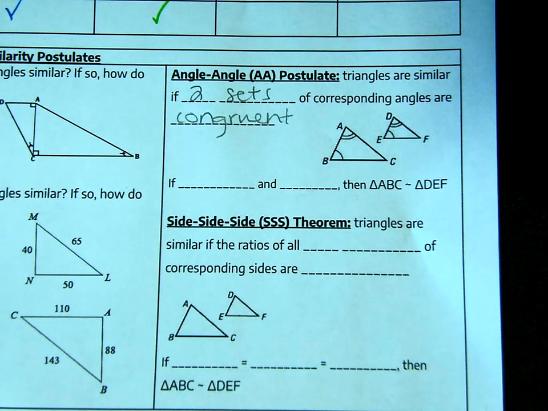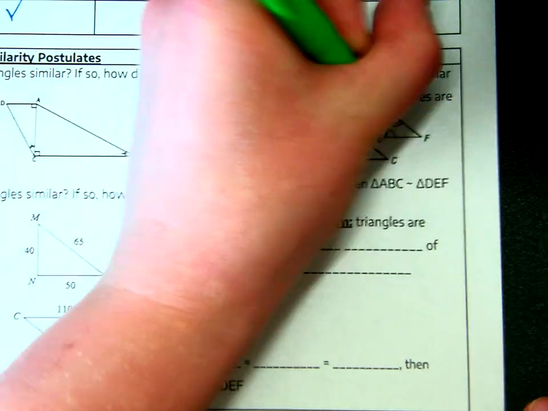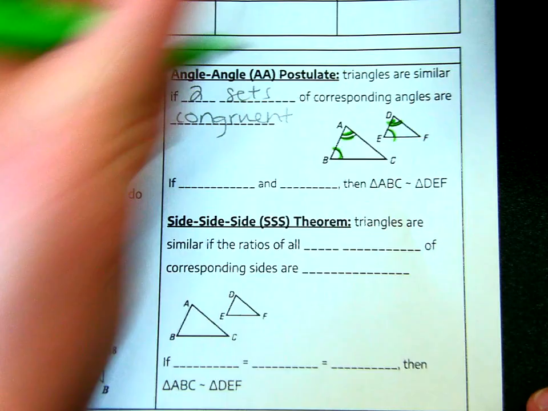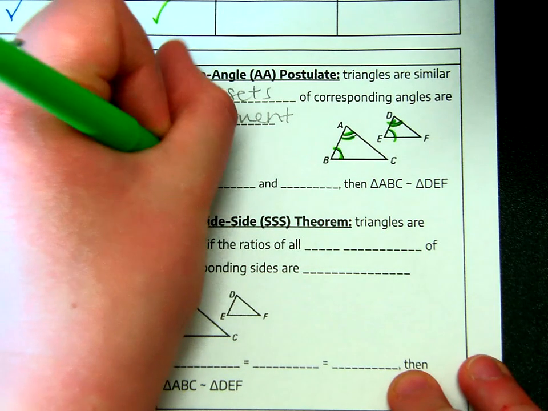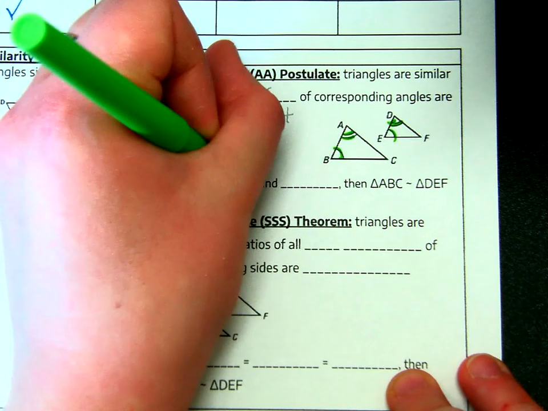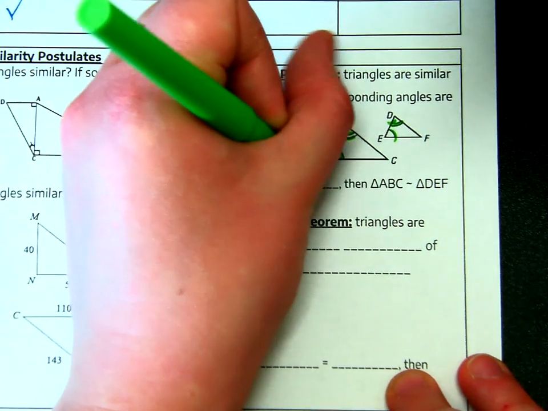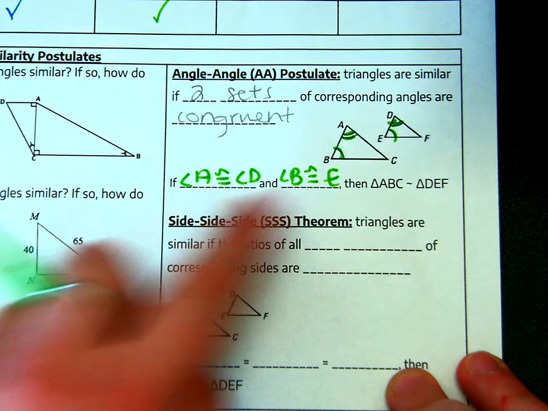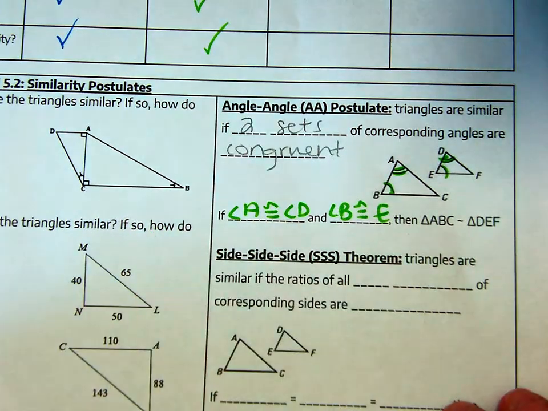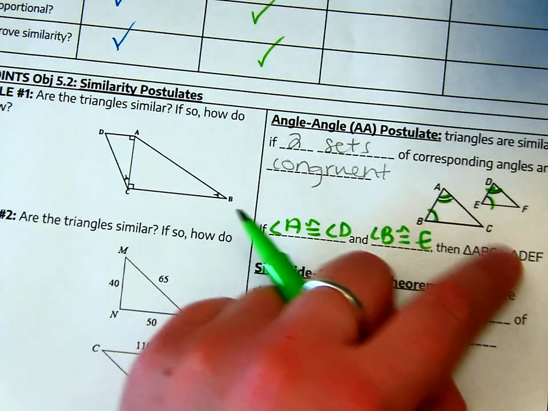So in this picture, I notice angle A is congruent to angle D, angle B is congruent to angle E. Therefore, I get to say my triangles are similar.